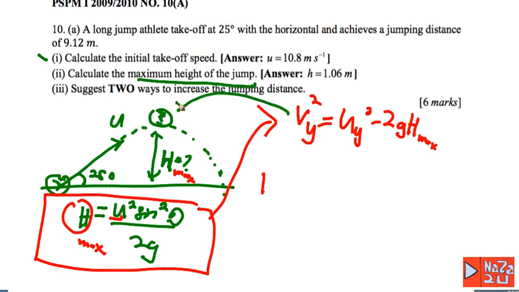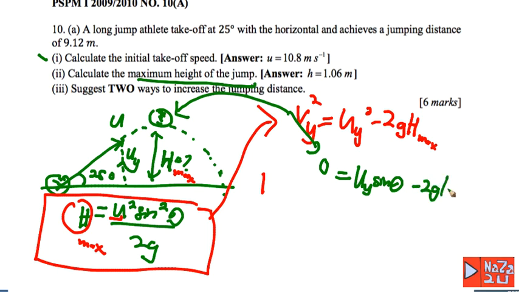At the maximum, the vertical velocity of the object vy is equal to 0. You can resolve u onto the y axis, so uy is u sine theta, minus 2g times h max. Sorry, this is squared, and this is squared.